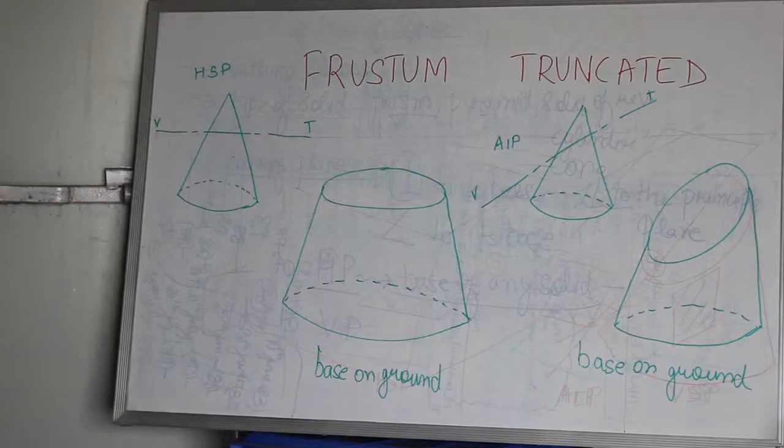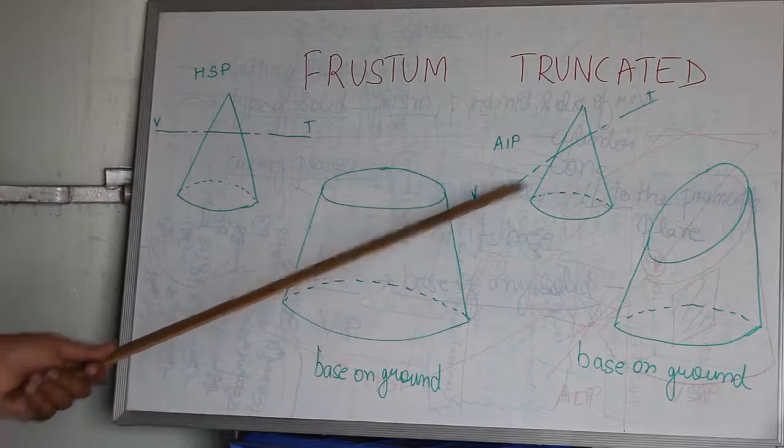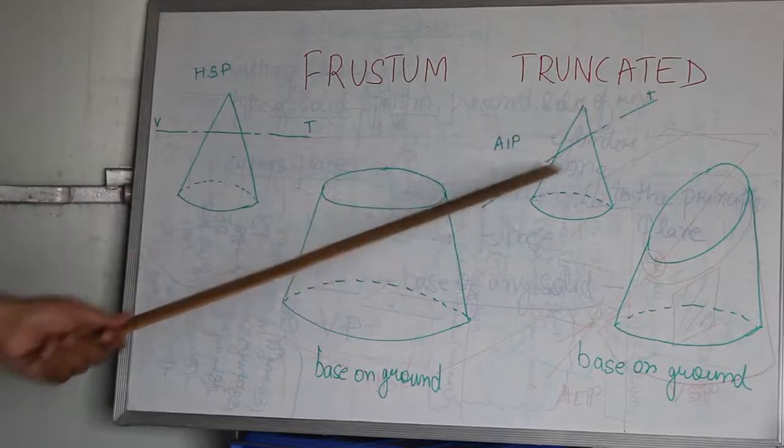I'm back with another session on the section of solids. Yesterday we studied the different types of cutting planes used in the cutting of solids. Those cutting planes are named AIP, AVP, HSP, VSP, and they are represented with the help of the cutting plane line, as given in the picture here.